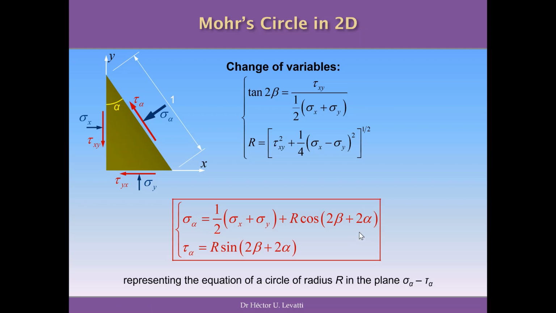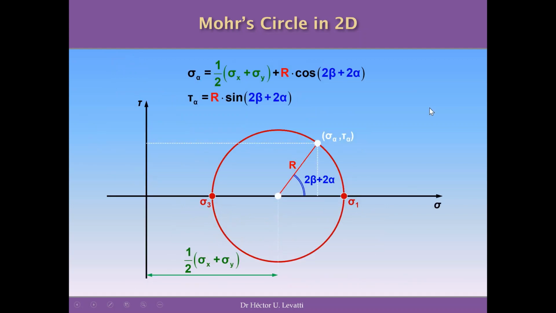It's a circle in a particular space, because it's not in the space of x and y, but in a space that you know, because it's a geotechnical space where you have axial stresses in the horizontal direction and shear stresses in the vertical direction.